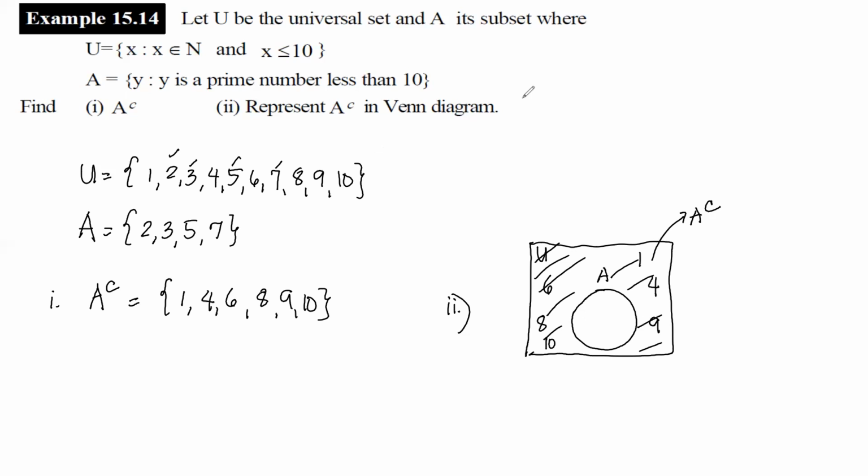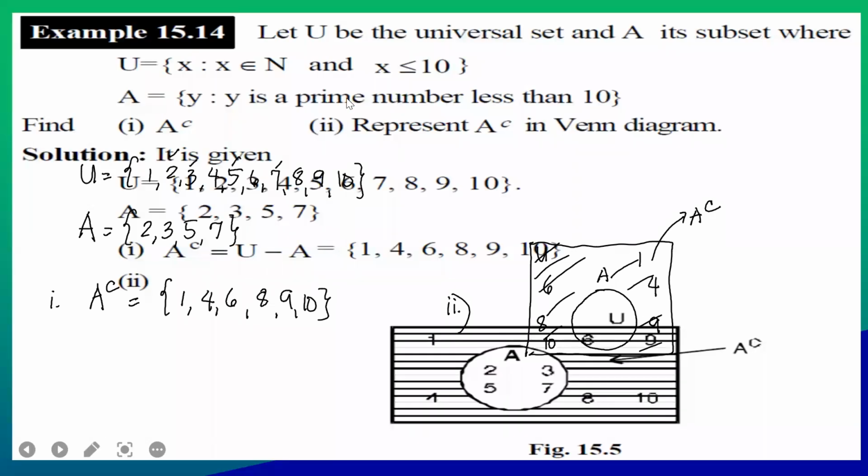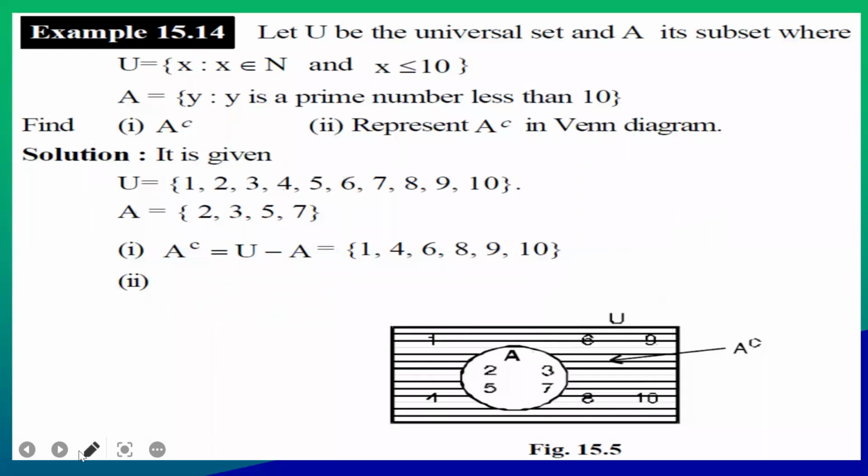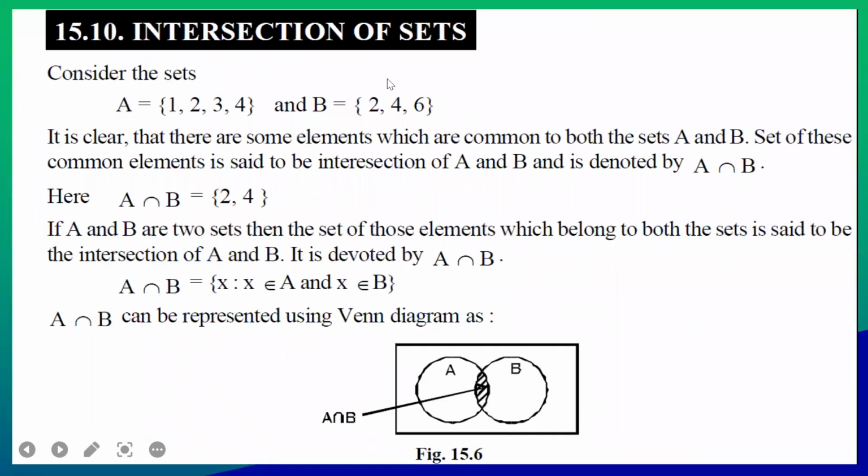Okay, next. Intersection of sets. Consider the sets: A has 1, 2, 3, 4, and set B has 2, 4, 6.